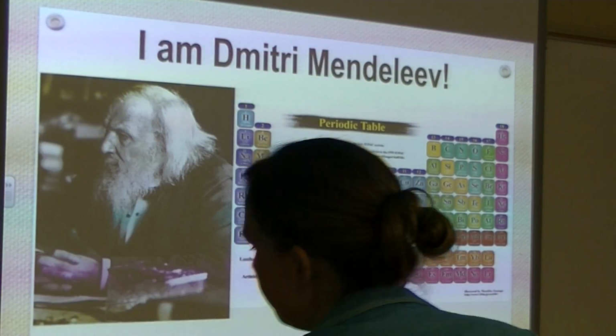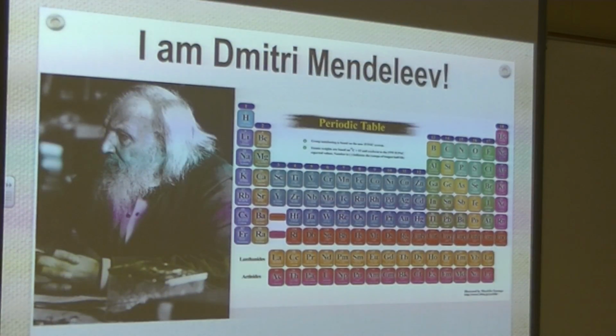So, the very first blank there is a spot for a name, Dmitry Mendeleev. He created and published the periodic table in 1869. It's on the board if you don't know how to spell it. Dmitry Mendeleev, he created and published the periodic table in 1869.